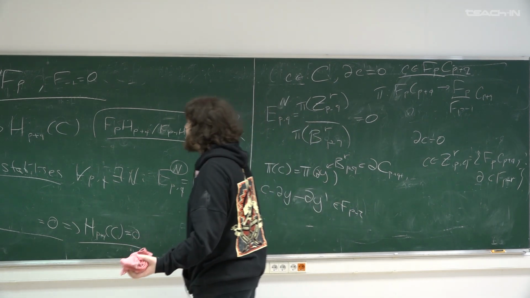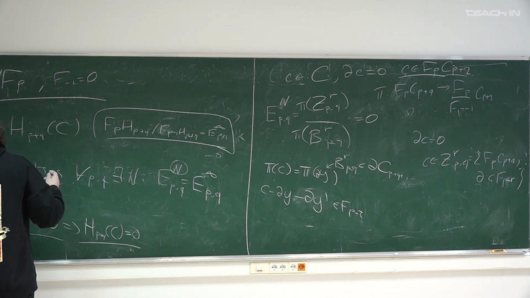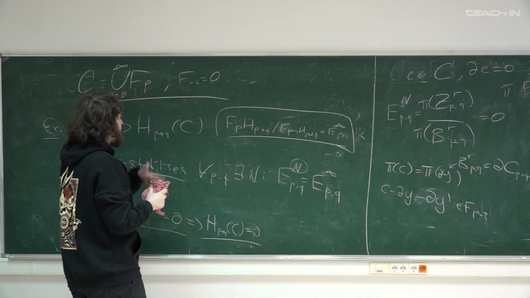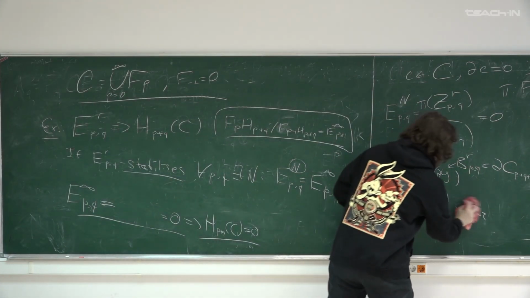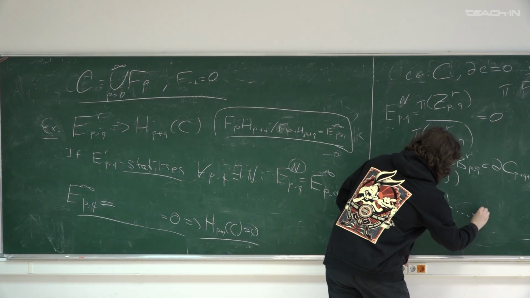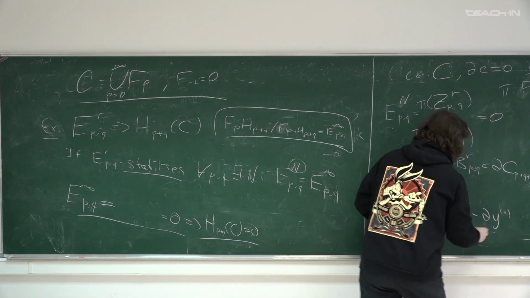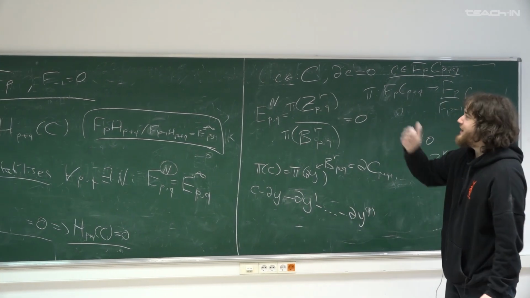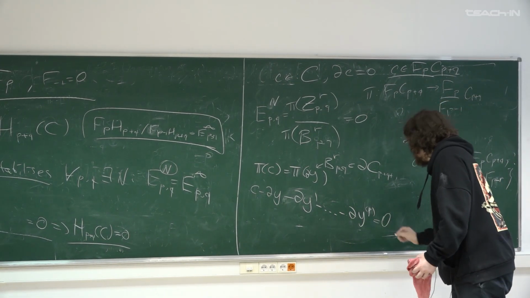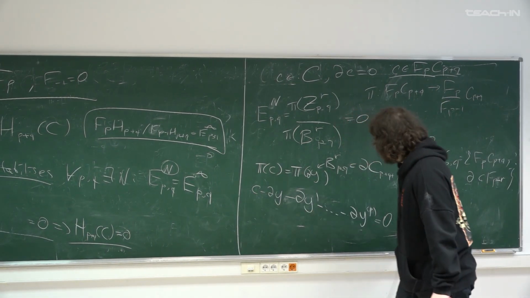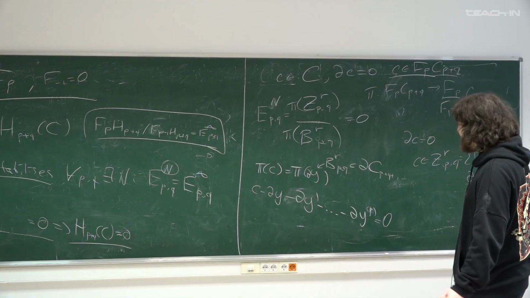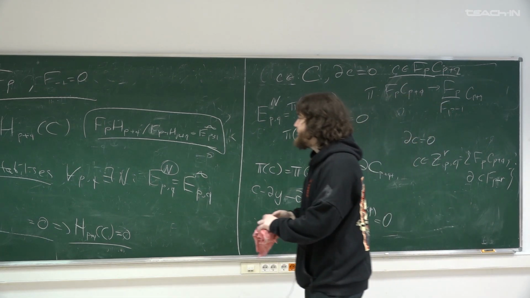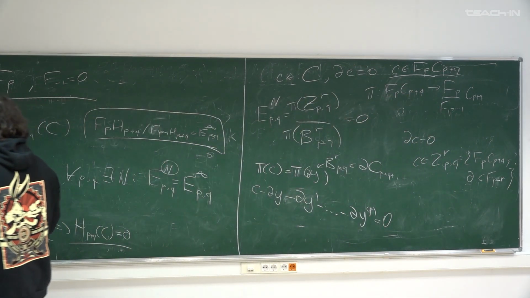And this is another part where it's important that my filtration is bounded below, because from a finite number of steps, I obtain that modulo some elements, I obtain an element from F_{-1}, which is 0. So my C is a sum of boundaries, so it's a boundary. So my cycle is a boundary, and I obtain that all the homologies of C are trivial.